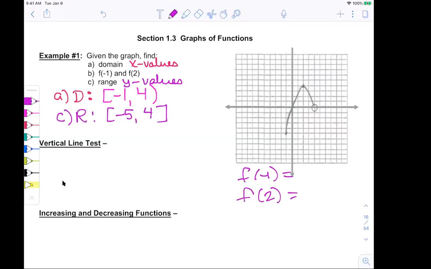So what do I look for on the graph if I'm trying to find f of -1? Think about what the -1 represents. Jack, what variable does the -1 represent when it's in function notation?